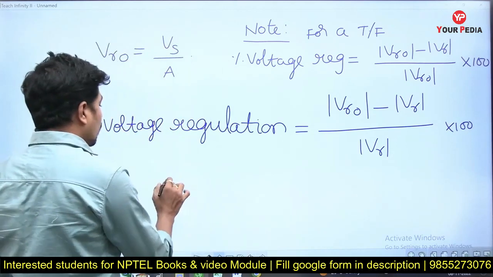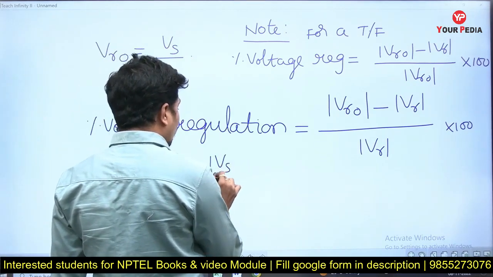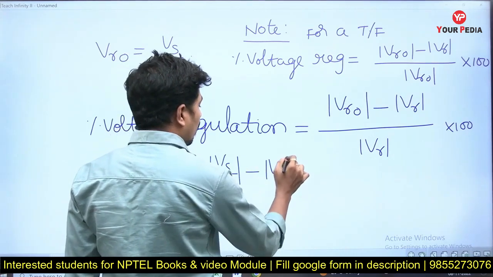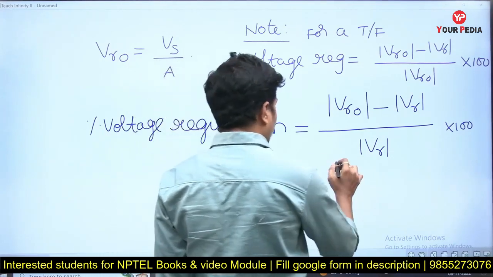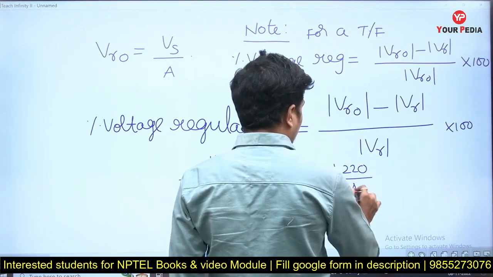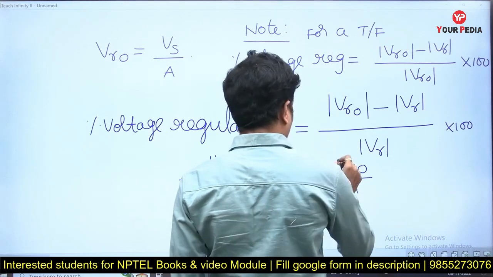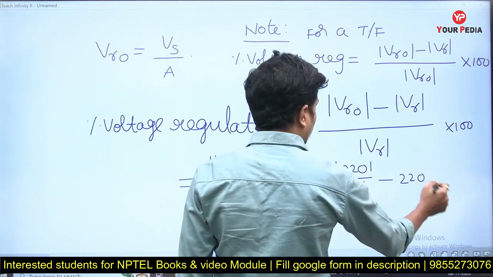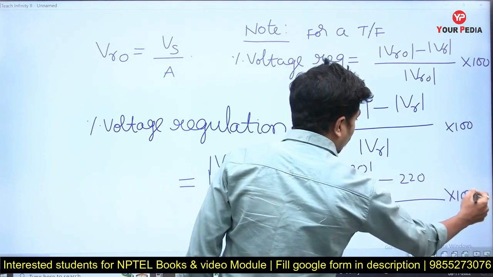Now come here. What is mod VR naught? Mod VR naught is equal to mod Vs by A. So percentage regulation is mod Vs by A minus mod VR, by mod VR. That is 220 by magnitude of A, minus 220, by 220, into 100.